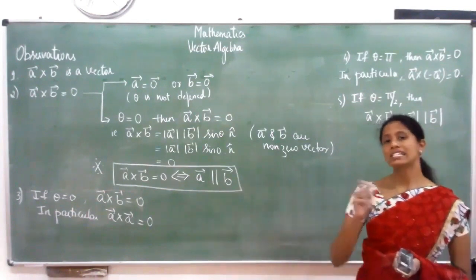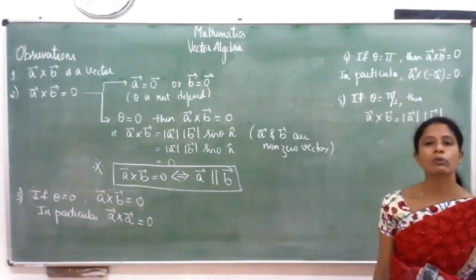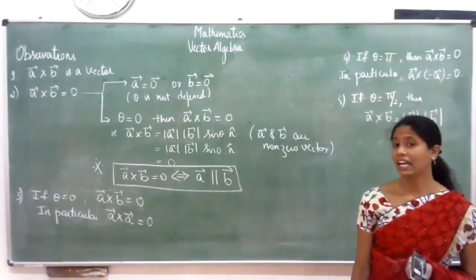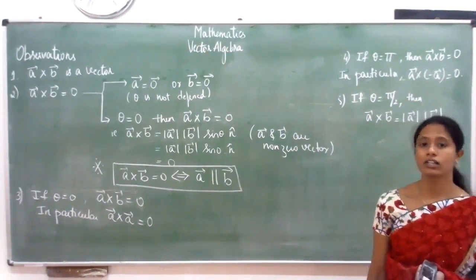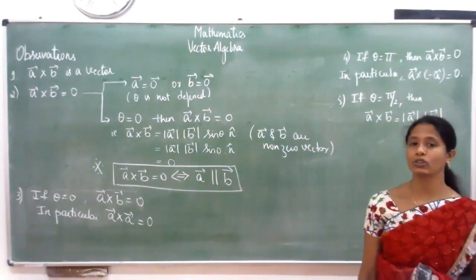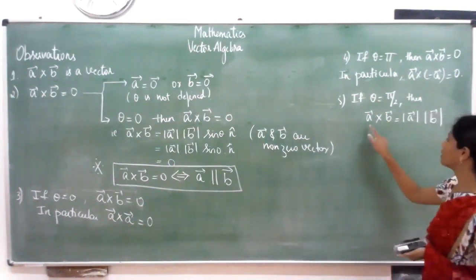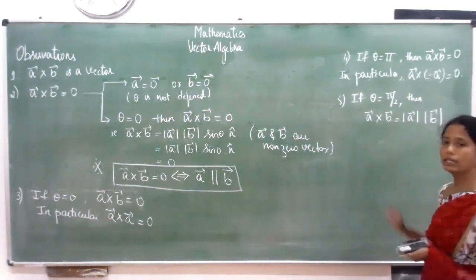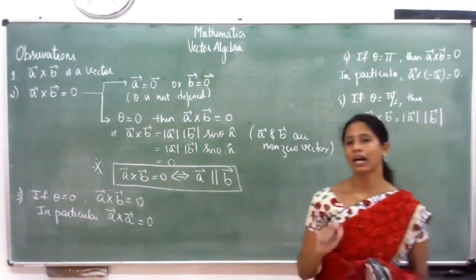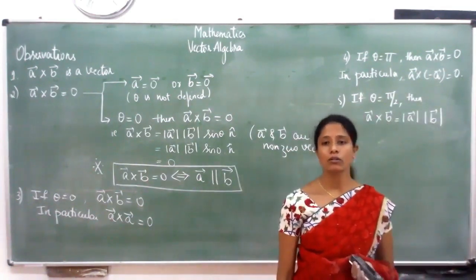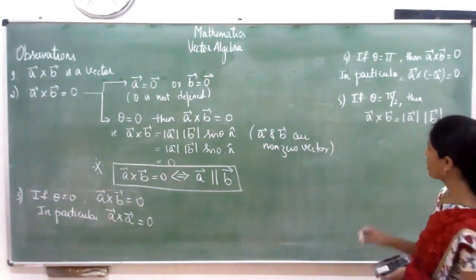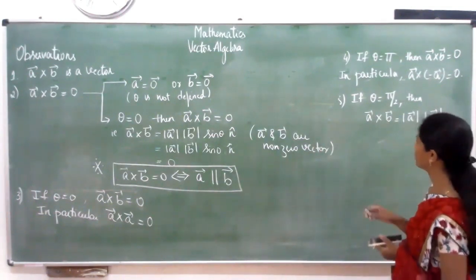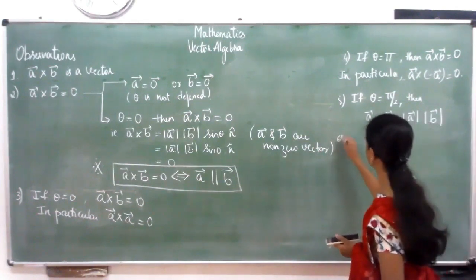Because sine 90 degrees is equal to 1. And n cap is a unit normal vector. Unit vector means its magnitude is 1. Therefore, here vector A cross vector B will be just equal to magnitude of A into magnitude of B. Understood?